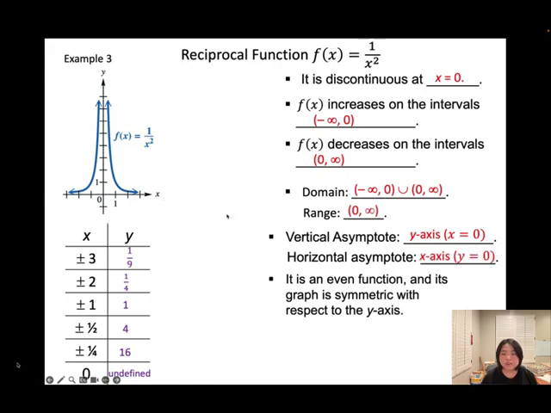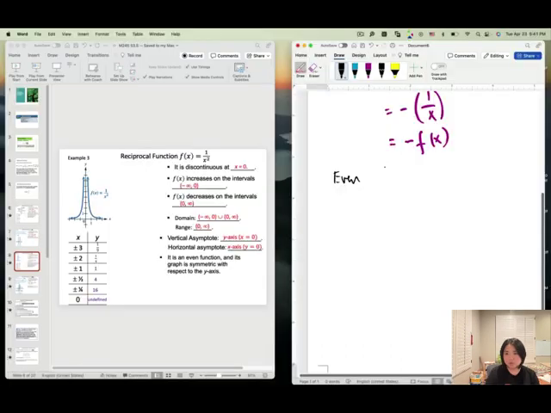And it is an even function, and its graph is symmetric with respect to the y-axis. Let's talk about it. What is an even function? Okay, even function, we will have f of negative x equal to f of x. For this example, I have f of x equal to x squared.